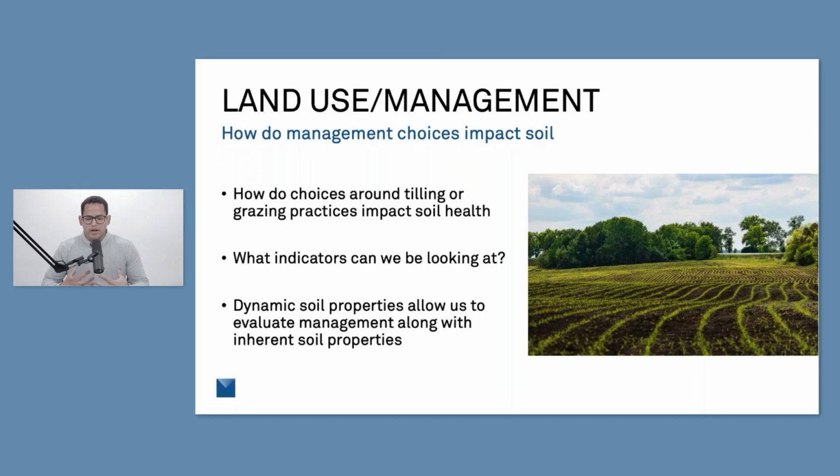We're always trying to think about how we can actually quantify whether these changes are improving soil health. So what indicators, either in the field or in the lab, can we look at to understand how management changes impact these properties, whether for the positive or the negative?